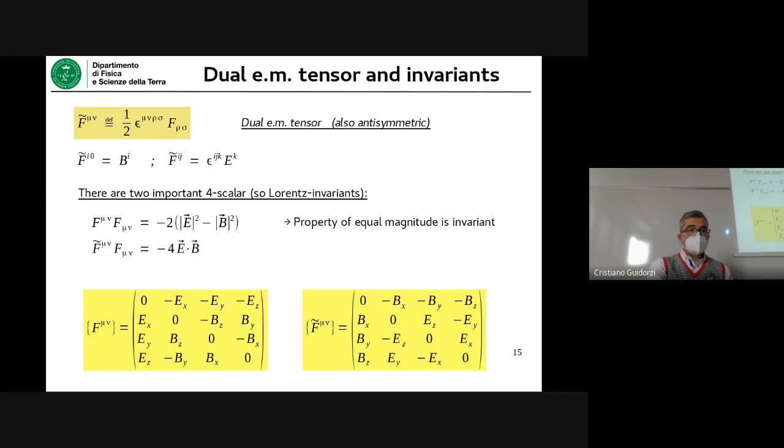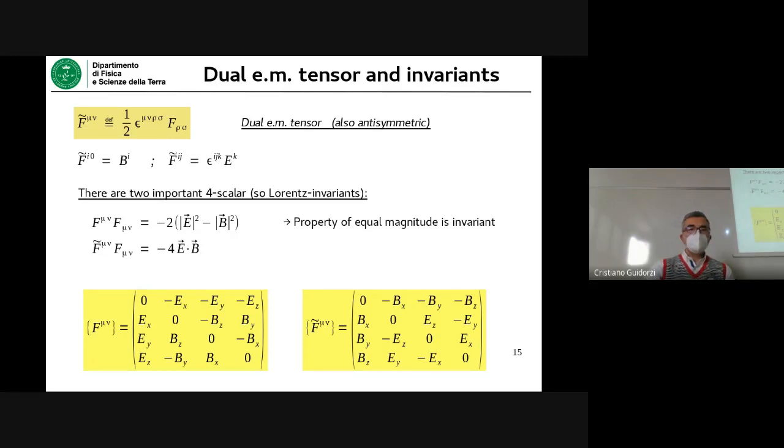The second one is that if you contract the electromagnetic field with its dual, again you are contracting two tensors, so again what you come up with is a Lorentz invariant scalar.